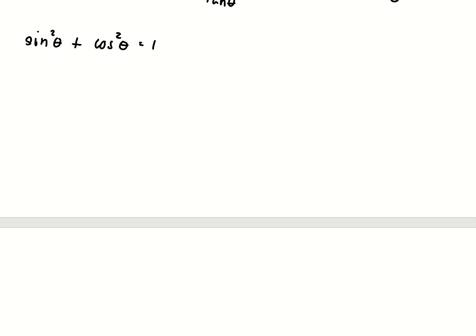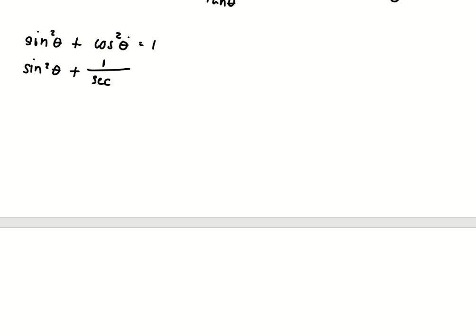Let's just copy that. The reciprocal of cosine theta squared is secant theta squared.